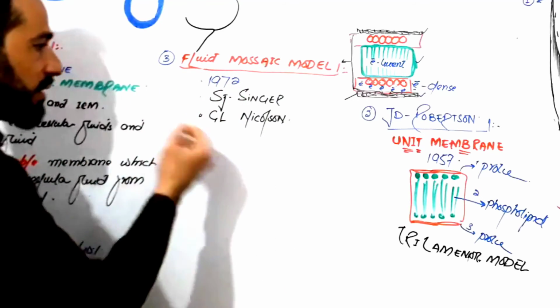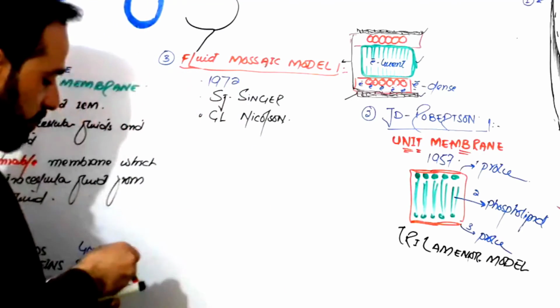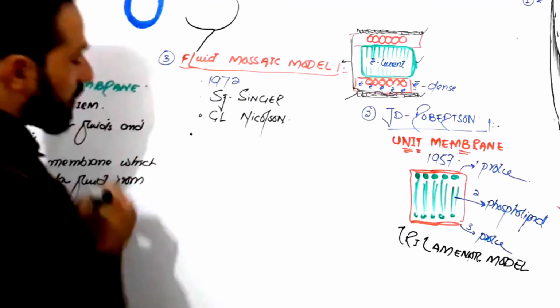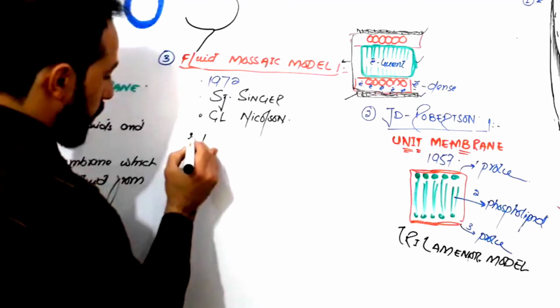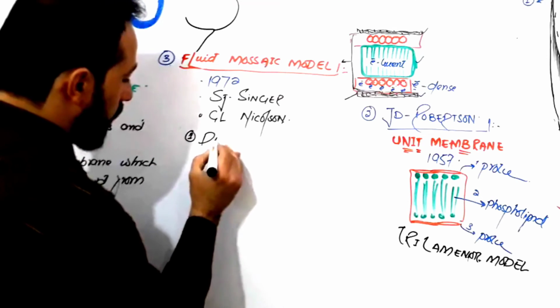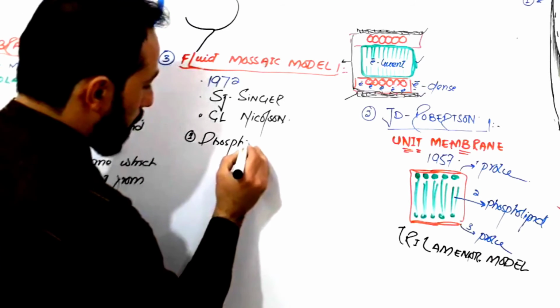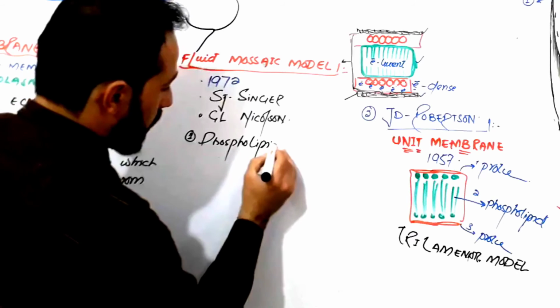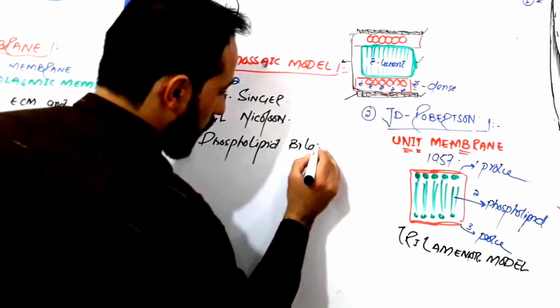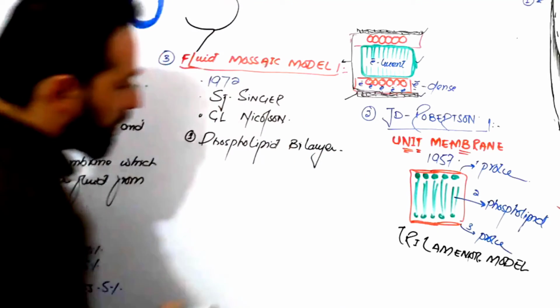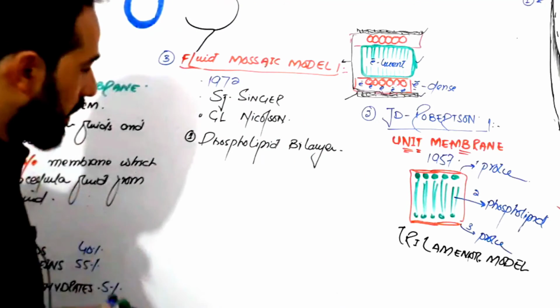What does this model say? This model says that the cell membrane is a phospholipid bilayer. The first important point about it: it is a phospholipid bilayer. Okay, we know that the cell membrane is a phospholipid bilayer.